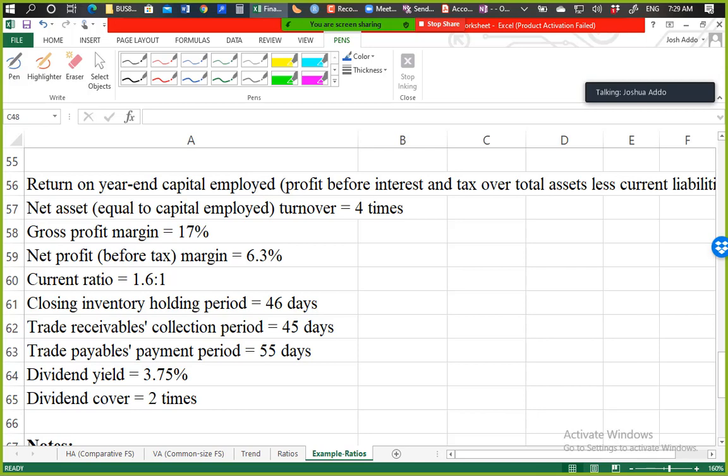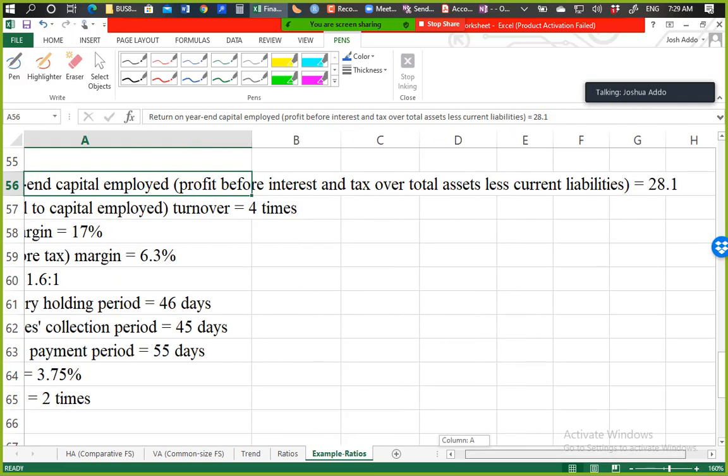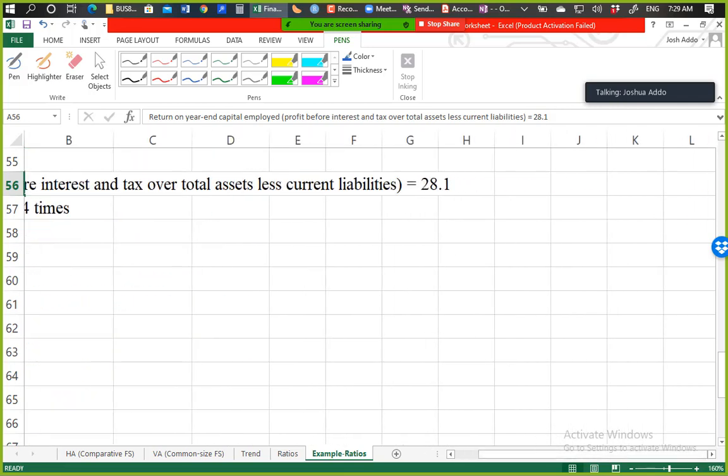I will bullet them after here, so you will see it nicer when I upload it back to you. ROCE is the return on year end capital employed. So this is the ROCE for the previous year. It was calculated as 28.1. Now this year it is 32.35. Someone should say something about how the company is doing with regard to ROCE.